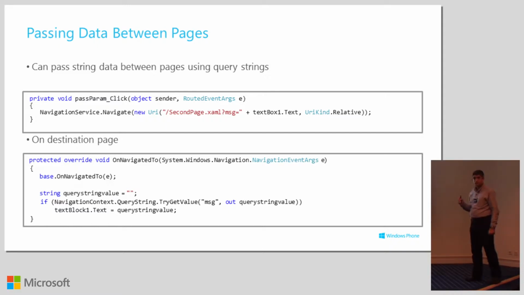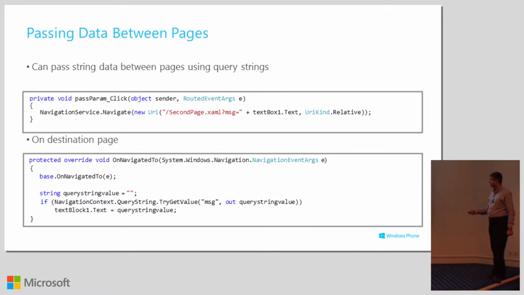What if I want to pass data between pages? The way you would do that is using the same navigation service. You bundle the payload with the arguments. So you create an argument string like you would do in a web page, and pass those arguments to the second page.